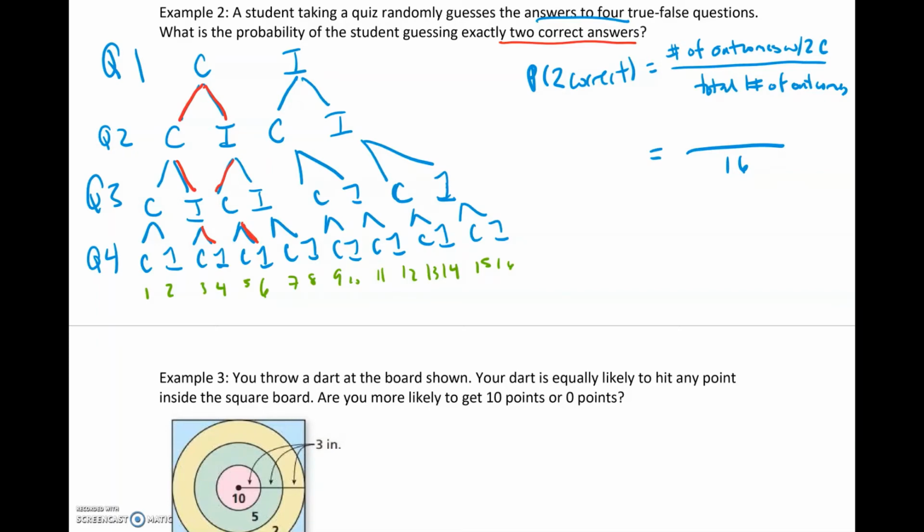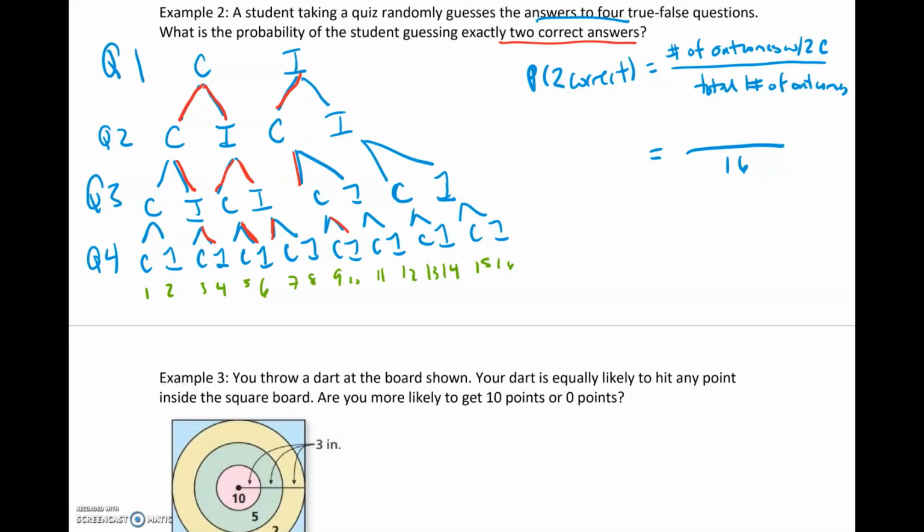So there's 2. Then look in here, right? C, I, C, I also gives me 2 corrects. So that's 3. And if I go C, I, I, that's 1 C and 3 I's, so that's not going to work. So I'm just basically checking each branch. Starting now with the incorrect, if I guess the first one incorrect, I could still get 2 correct by going I, C, C, I. I don't want the third C, right?